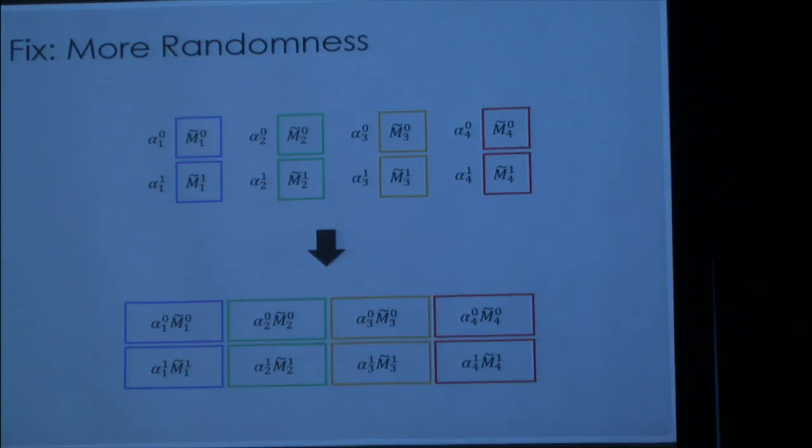We multiply the M0 and the M1 matrices with different scalars. The first thing to see is that even this extra randomization doesn't change the functionality of our program. When we evaluate the program, we multiply one matrix in every level. Because this is a multilinear operation, the product of the matrices will just be multiplied by some product of the alphas. And since all the alphas are non-zero, the result of our zero test is not going to change.